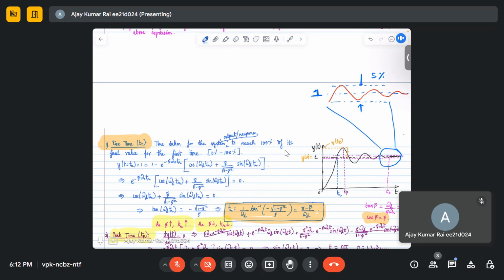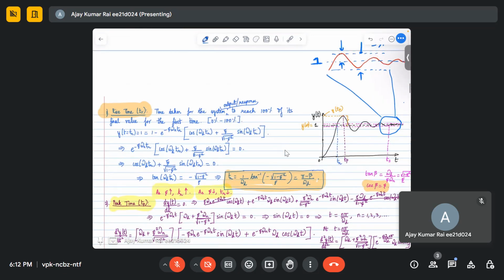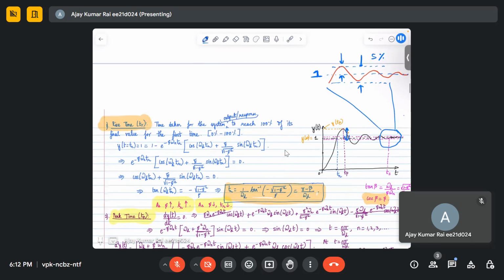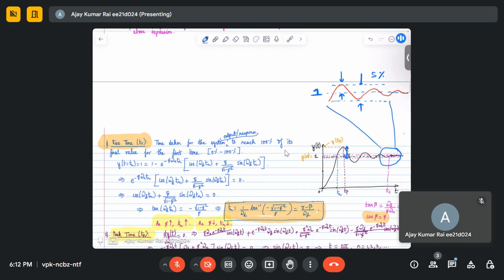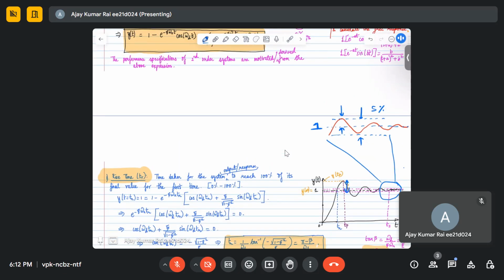You can find this value, this overshoot. This is also overshoot, right? In the first peak overshoot, you're finding this one. So this was the first overshoot, but I have zoomed at the steady state. So you can find the overshoot at this place also, this plus minus 5%.